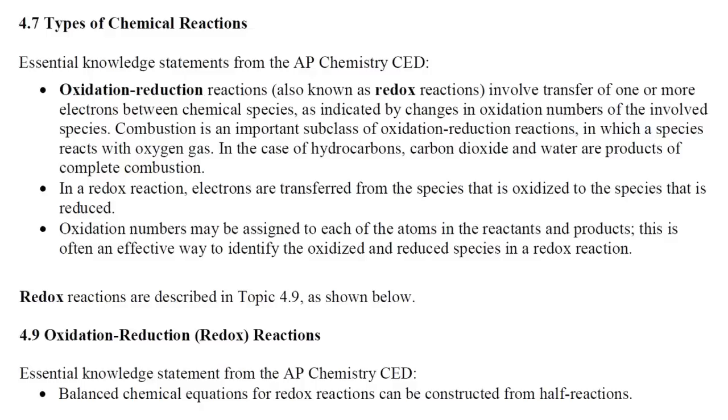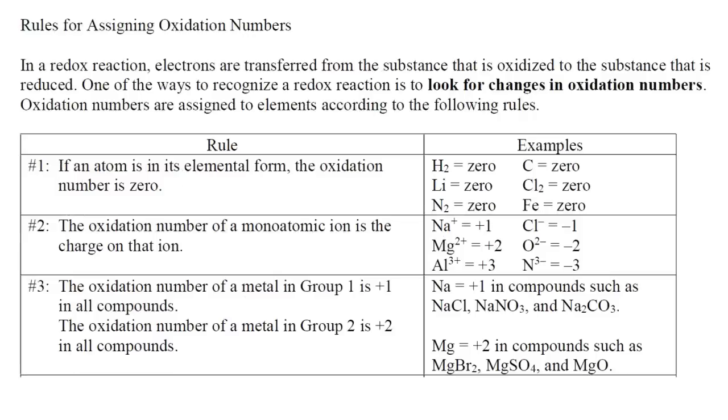So an important skill is knowing oxidation numbers. So in my earlier video for topics 4.7 and 4.9, I taught you some rules for assigning oxidation numbers to the elements on each side of a chemical equation.